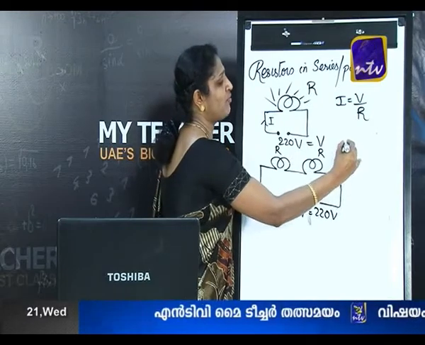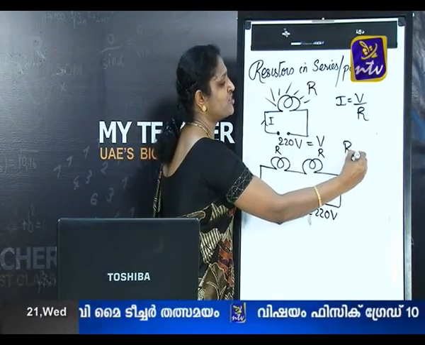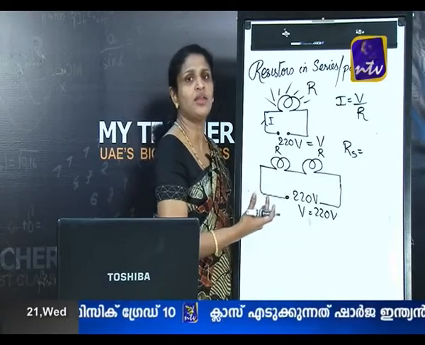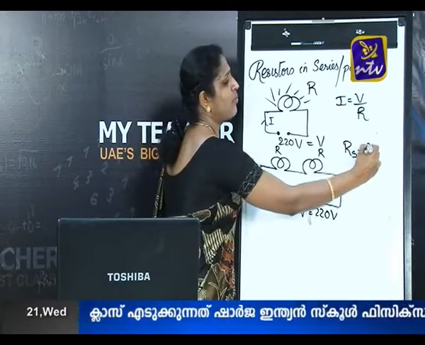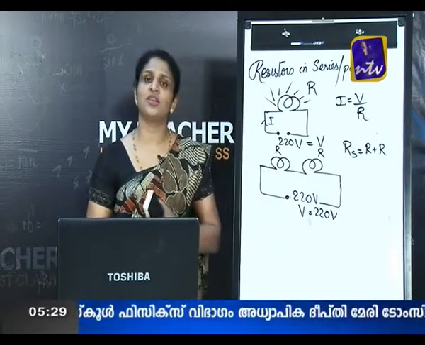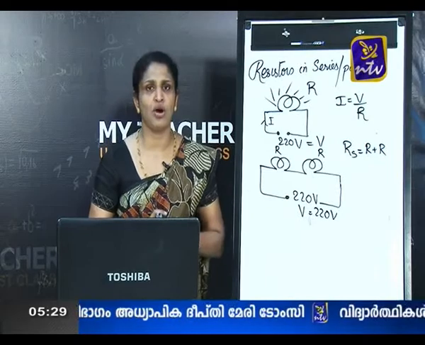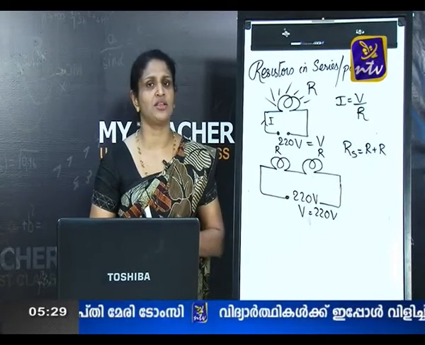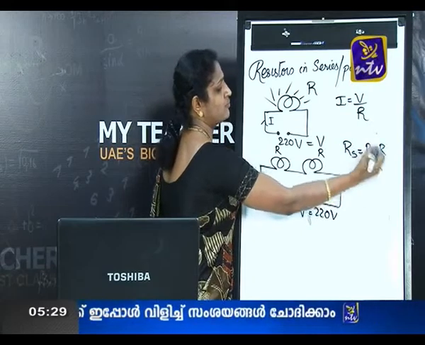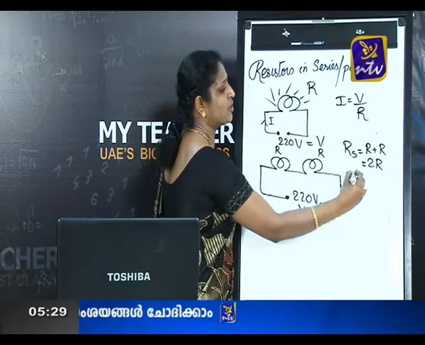But now you have connected two resistors in series. When we connect two resistors in series, the total resistance becomes R plus R, because the effective resistance in series is the sum of the individual resistances. Now the total resistance in series is equal to 2R, and let us see what happened to the current.